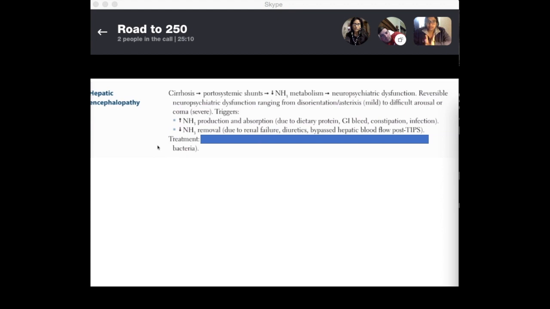how do we treat this condition? Lactulose. We have lactulose, and then we also have some. Rifaximin. Yes. So we have lactulose and rifaximin or neomycin. Neomycin. So lactulose.